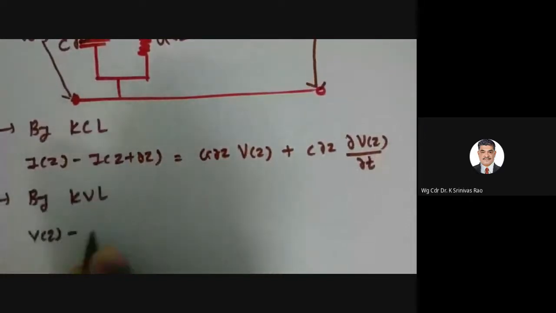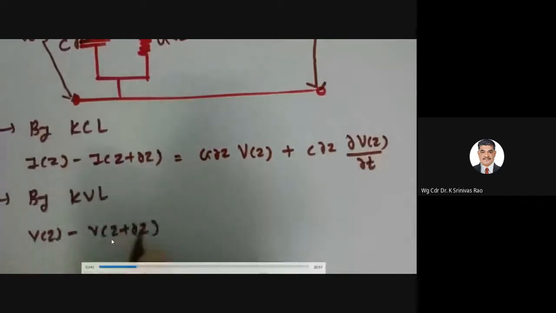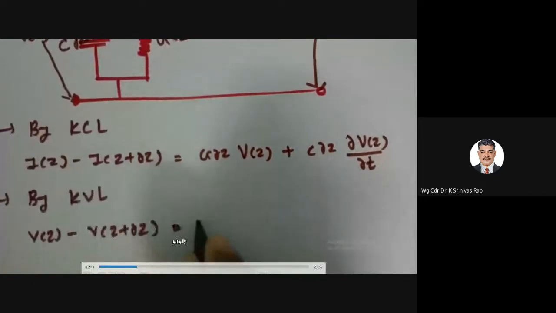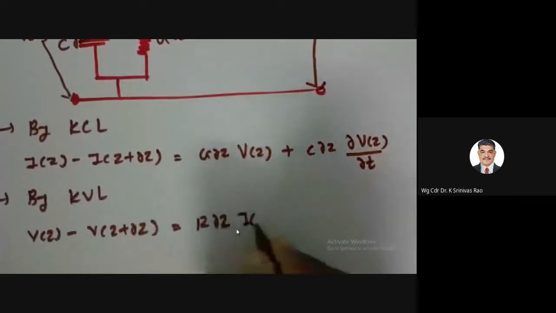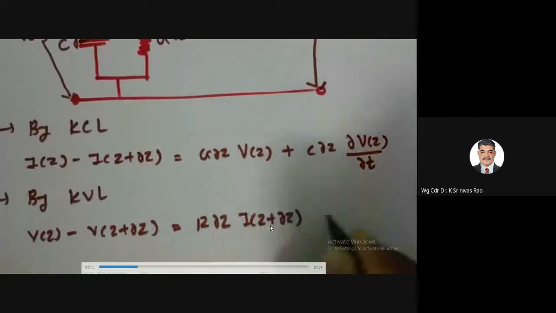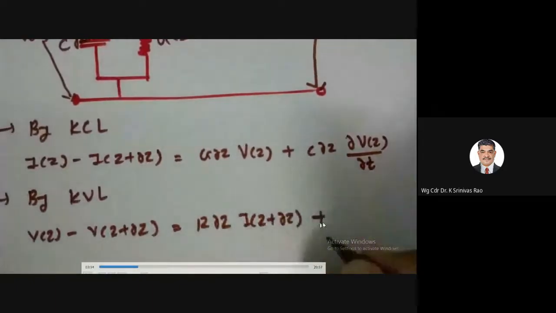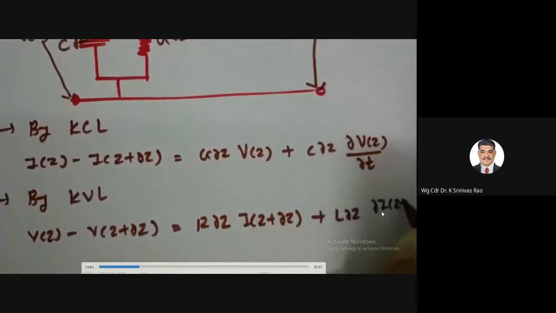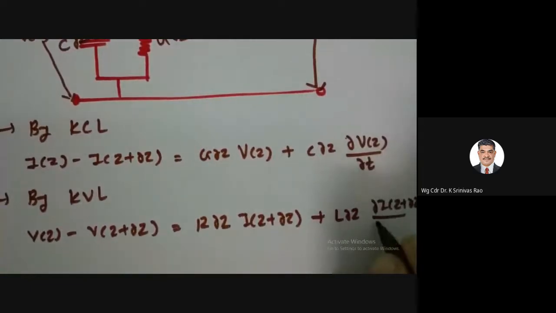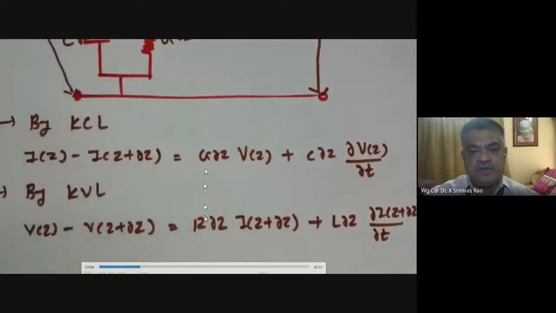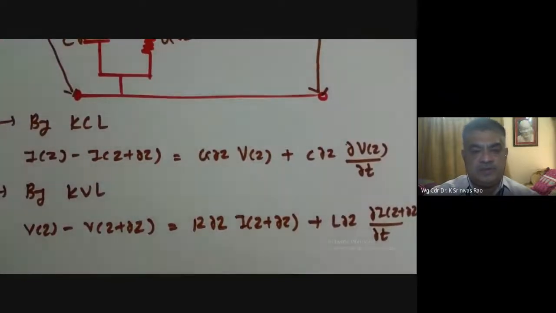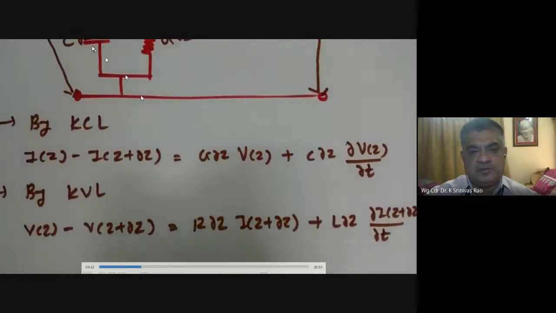We get V(z) minus V(z + Δz) equal to the resistive component R Δz times I(z + Δz) plus the inductive component L Δz times ∂I(z + Δz)/∂t. These two equations we have identified for the voltage drop and current drop across this transmission line.